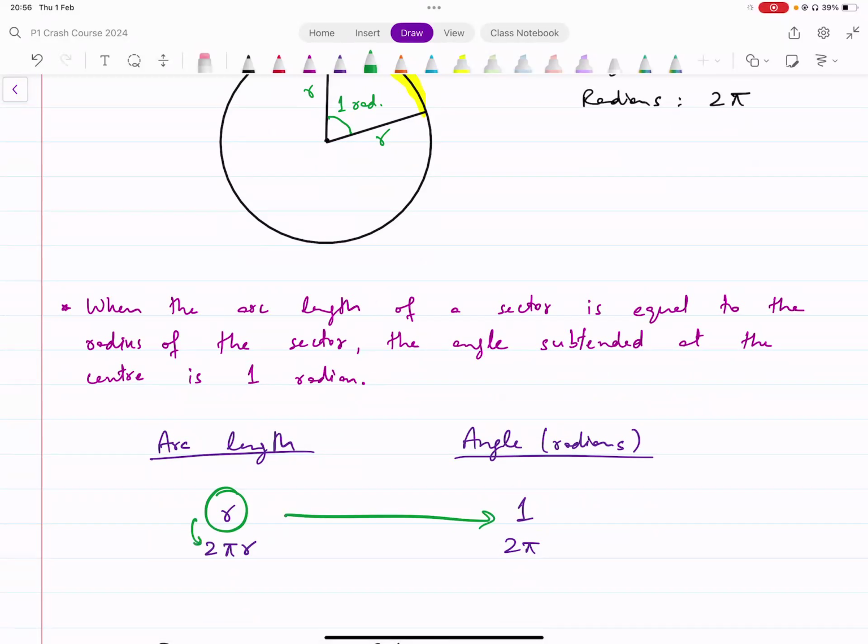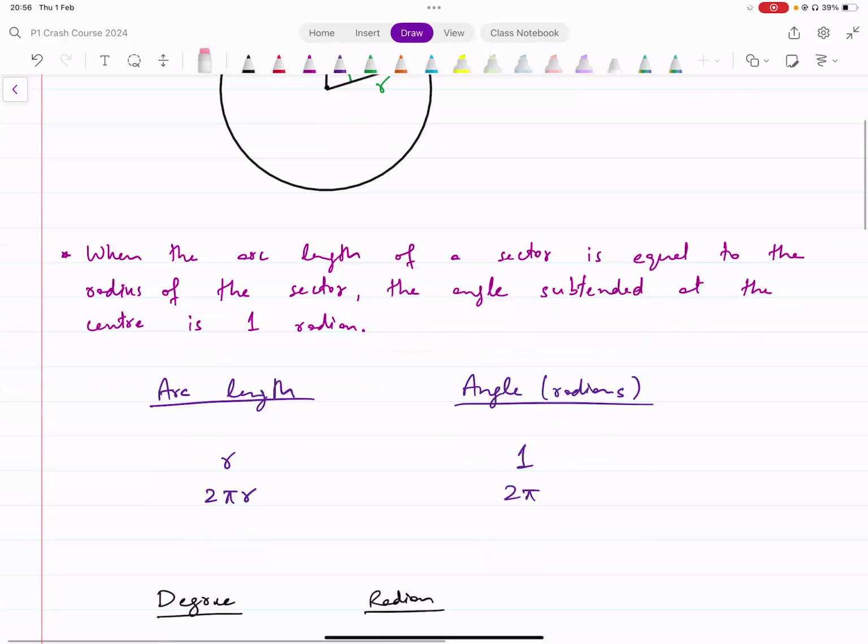For the whole circle, the arc length is 2 pi r, the circumference of the circle. So we multiply r by 2 pi to get 2 pi r. We do the same with the angle to get 2 pi, so for a complete circle, the angle in radians is 2 pi. That's what we did.